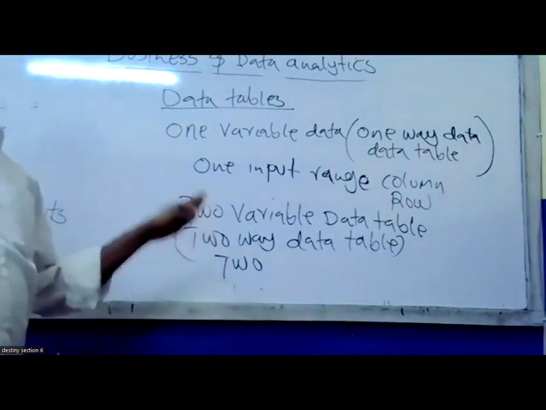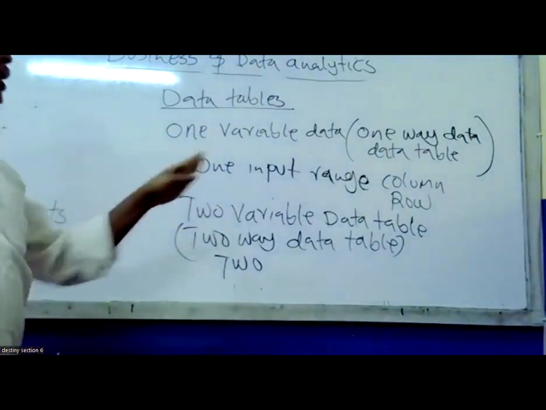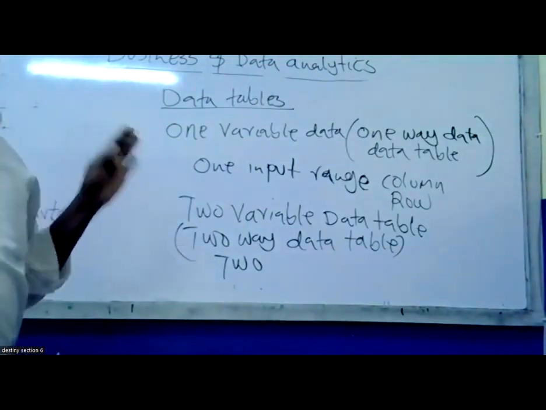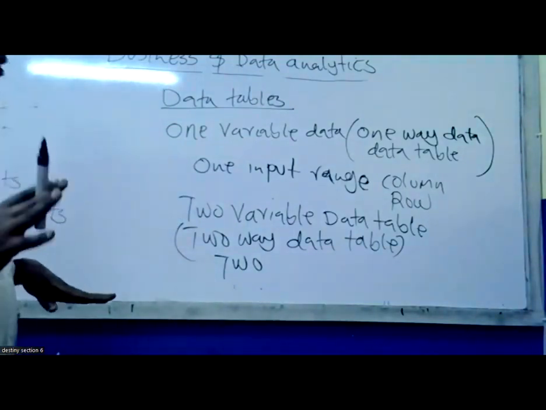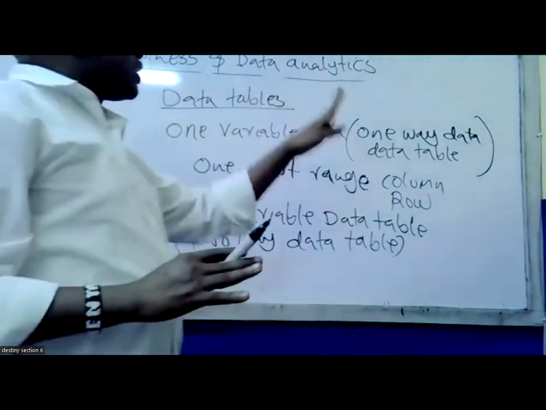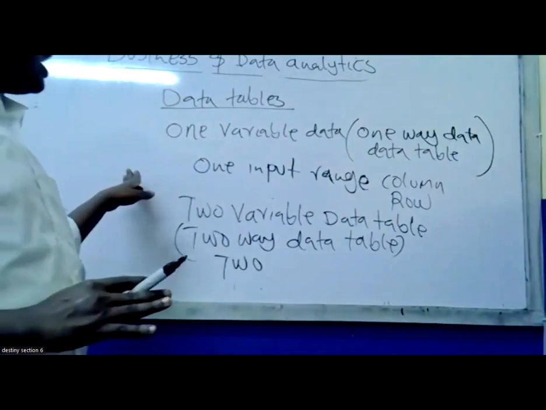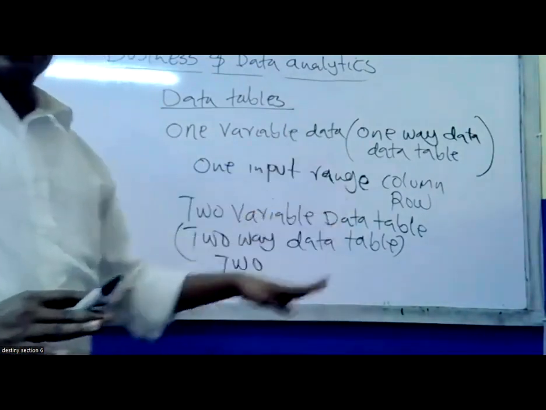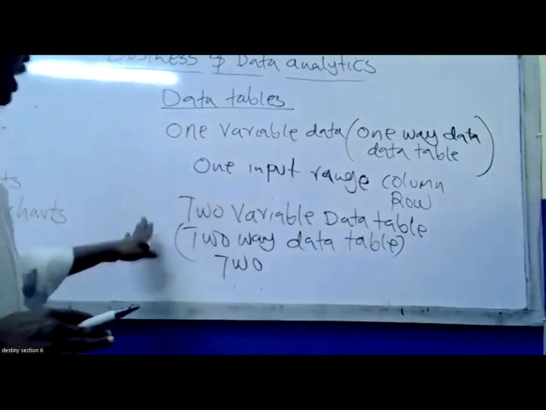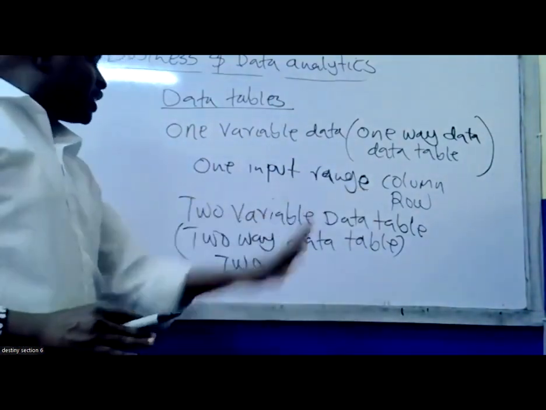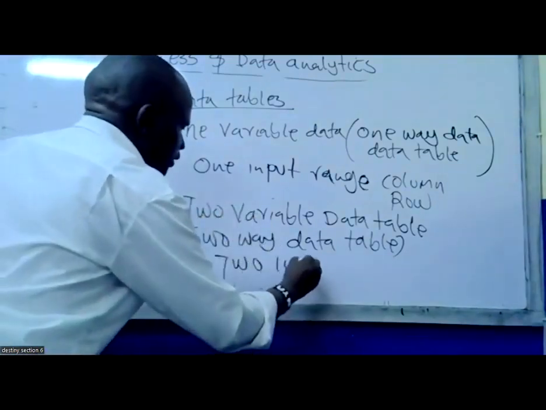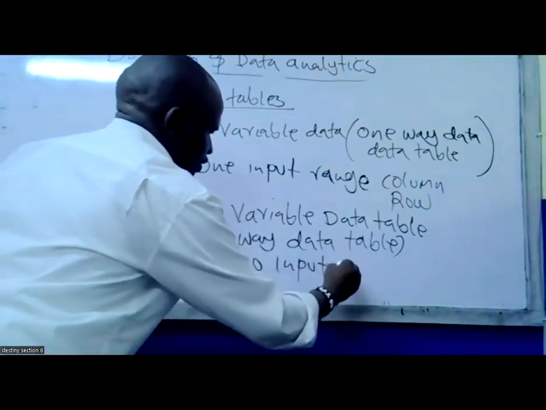Ndio mtaelewa more what I mean by one input range and then two. But kenye nafaa ujue saizi, one variable data table or the one-way data table, it deals na one input range. It can be either a column or a row. But now for the two-way data table, it is the two input ranges.